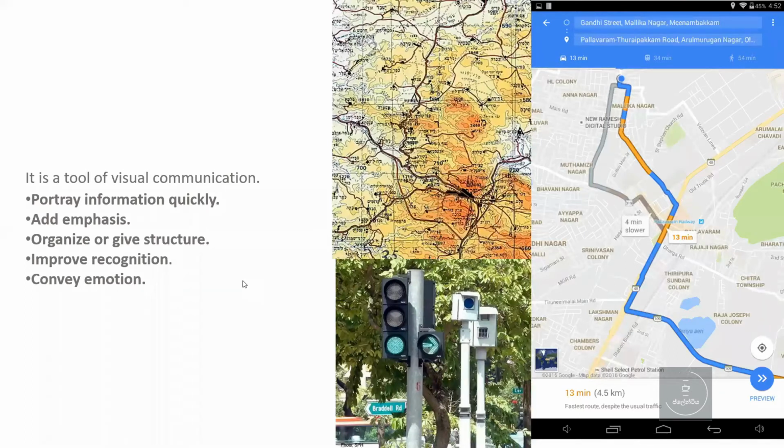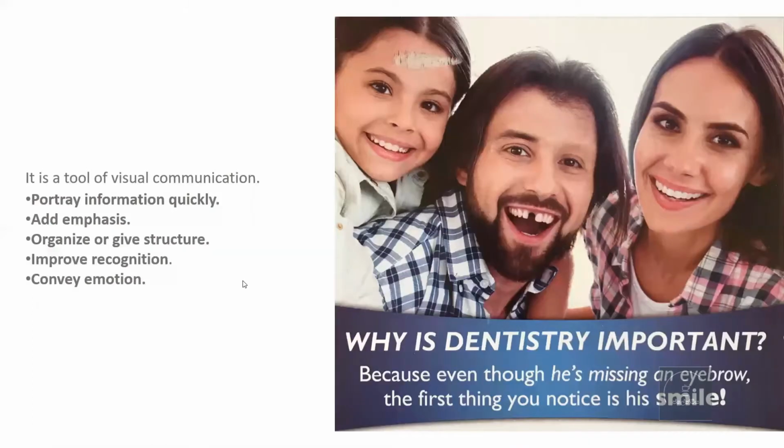I'm sure most people have seen this poster, and it's true. First of all we notice that a tooth is missing, but this is mainly because of the color contrast in the mouth compared to the eyebrow.